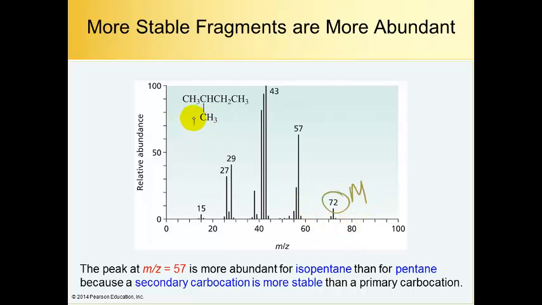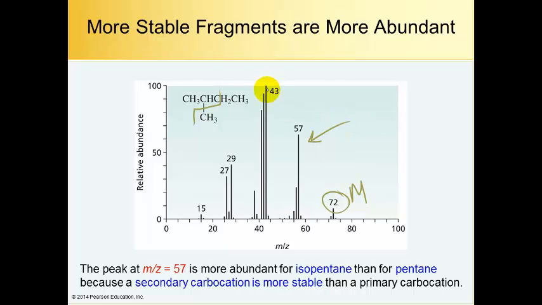And if we break off that methyl group there, we end up with a secondary carbocation. So this species right here is much more abundant than the 57 peak in the normal pentane that we looked at just a second ago.